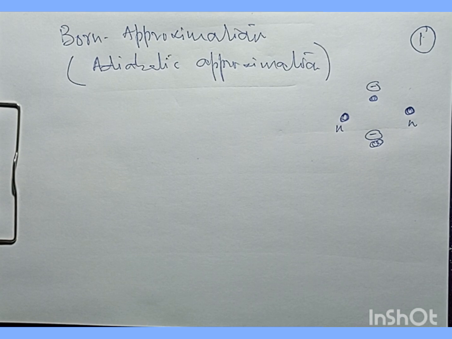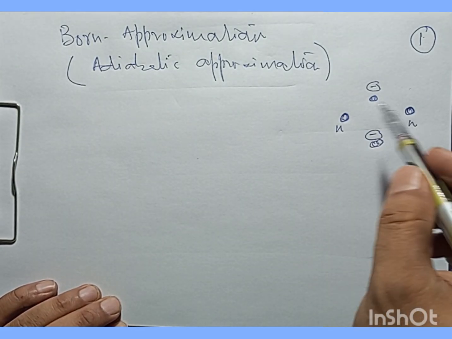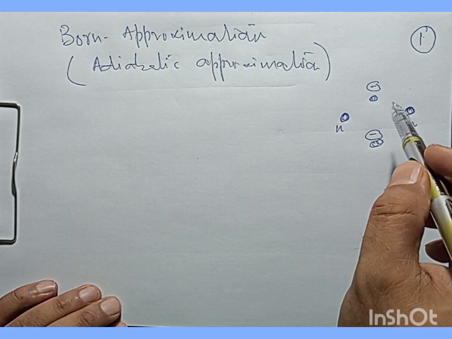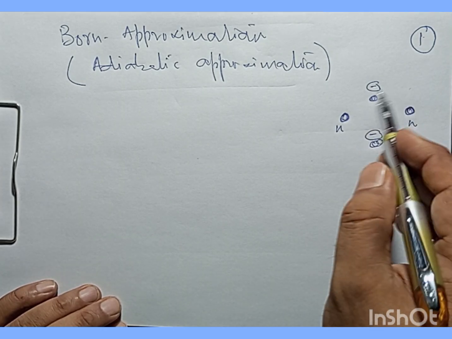I hope everybody is fine, and here we are going to start with molecules, and the Born-Oppenheimer approximation is one of the fundamental approximations that's utilized on molecules. And in this video, I'll be talking about the adiabatic approximation. What we have is a molecule, and molecules have atoms in them, and atoms have nuclei and electrons.